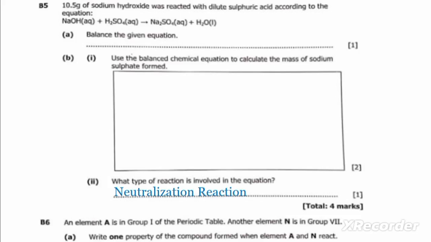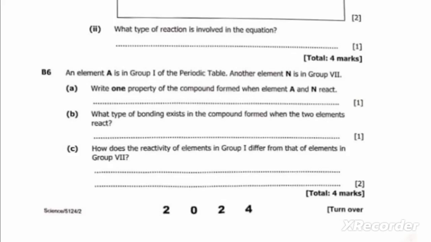We move to the next question, which is question B6. An element A is in group 1 of the periodic table. Another element N is in group 7.